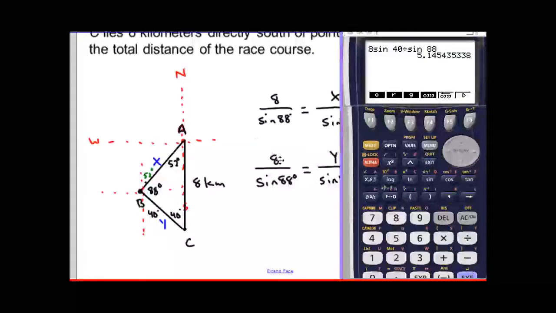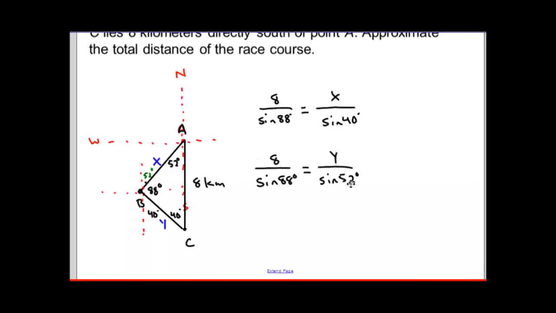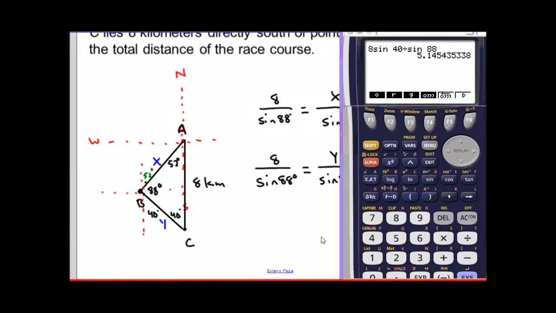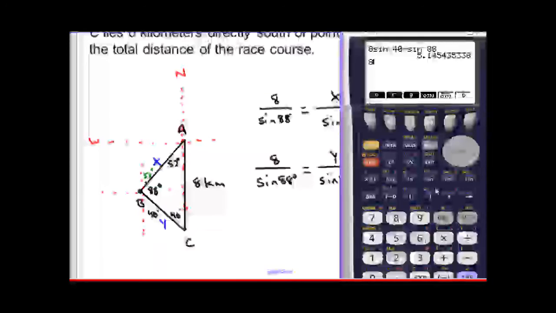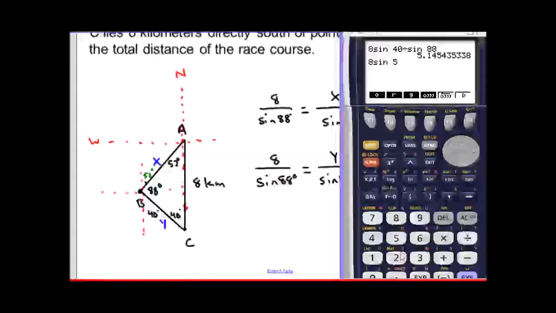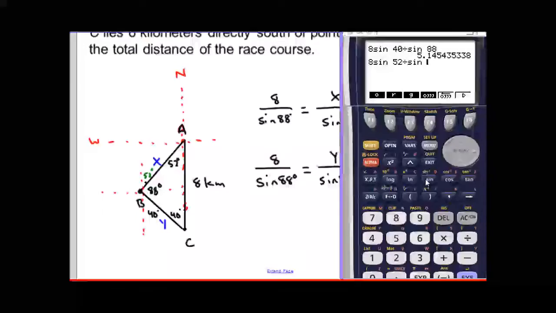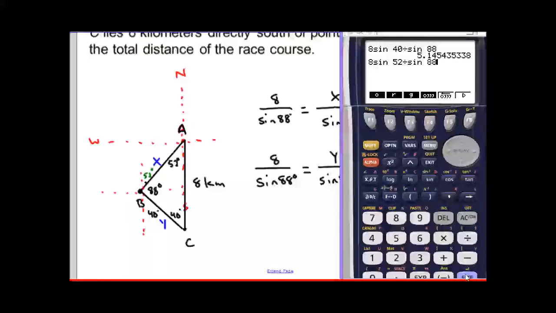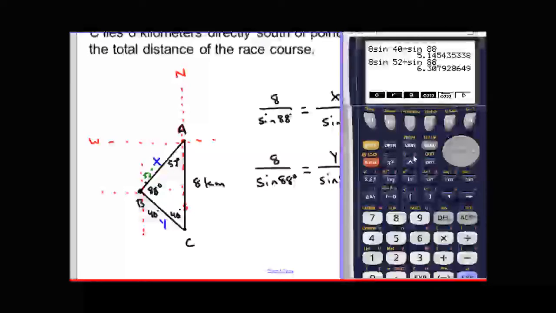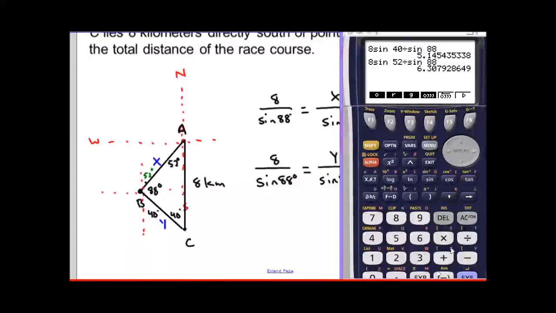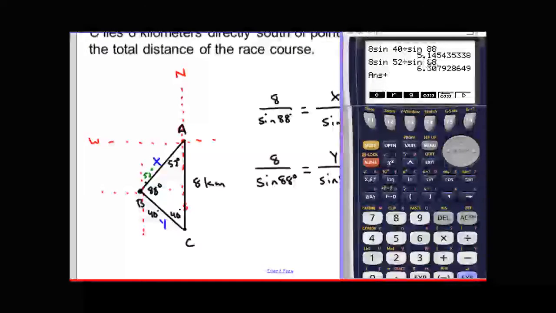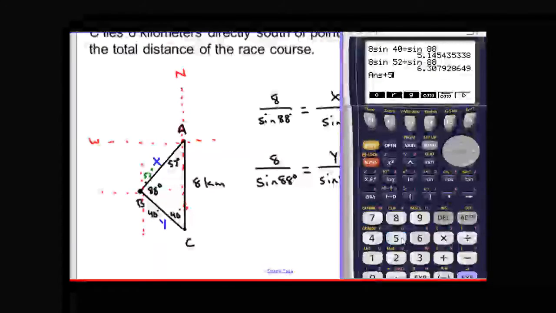There's x. And then to find the y, I do the same thing, but I use the sine of 52. So 8 times the sine of 52 divided by the sine of 88. So y is 6.307. So if I add those together, I'm going to take that 6.307 and add to that 5.145.